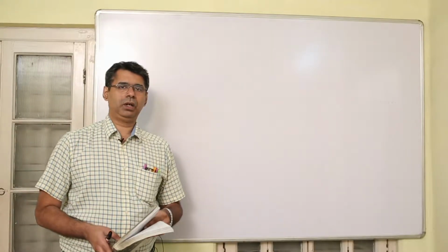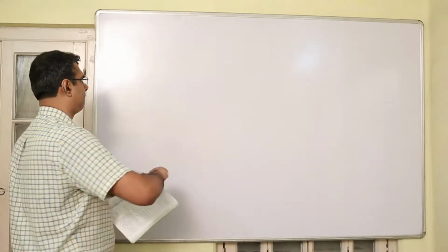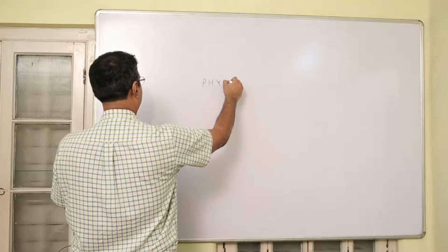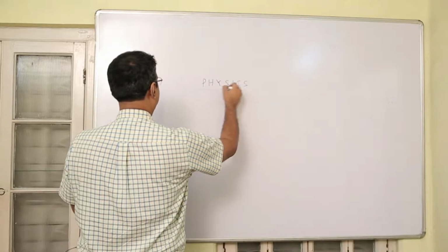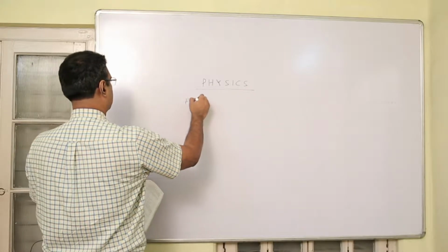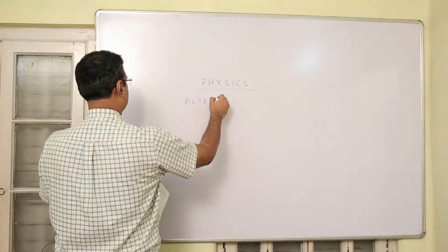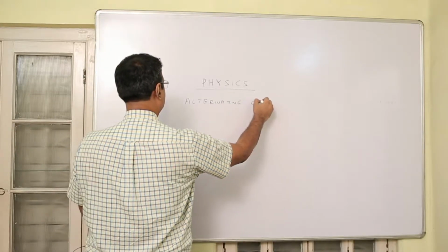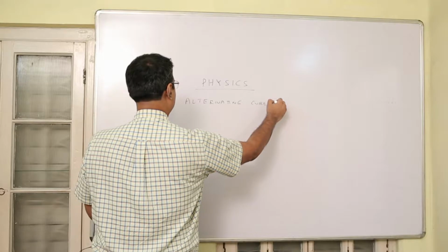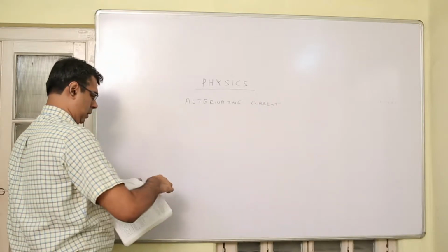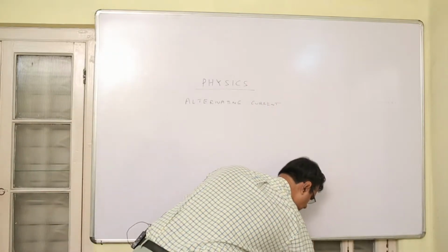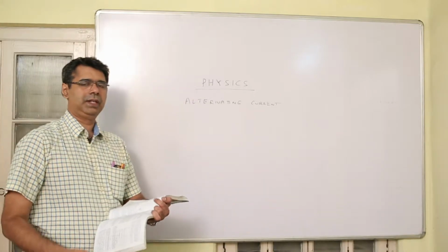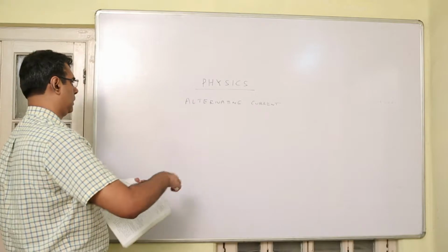Today we will be doing alternating current. Alternating current is current which varies sinusoidally with time.